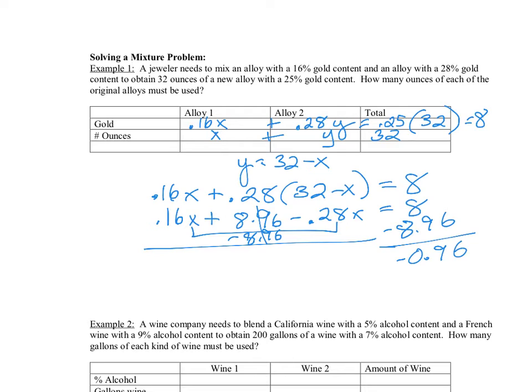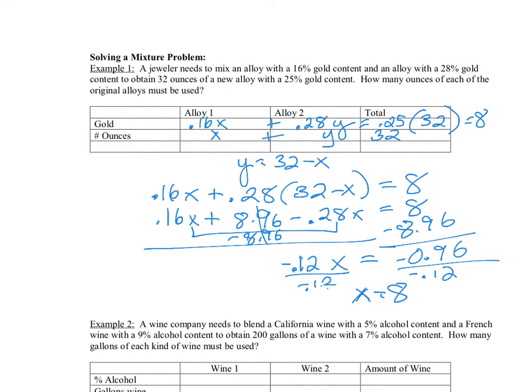I get negative 0.12. All right, I divide both sides by that negative 0.12. I get 0.96 divided by 0.12. I get 8. So x is 8.